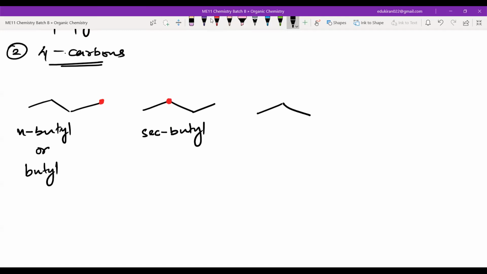Now again, if I look at this group, this is 4 carbon. This is 1 carbon, 2, 3, and 4. Now, if the point of attachment is one of these carbons, the terminal one, then this is known as isobutyl. Because again, you can see that if I break this, then I'm getting 2 same number of carbon atoms.